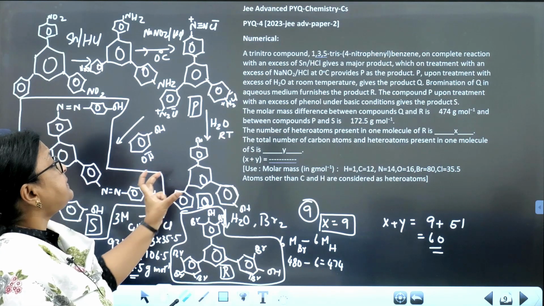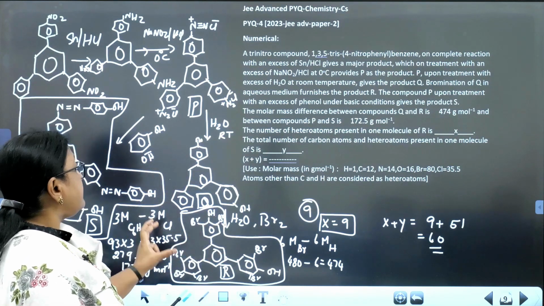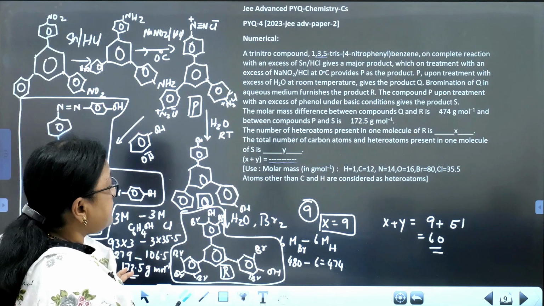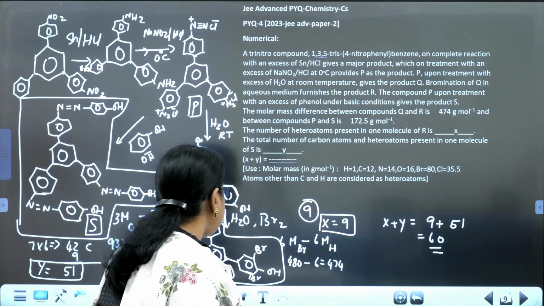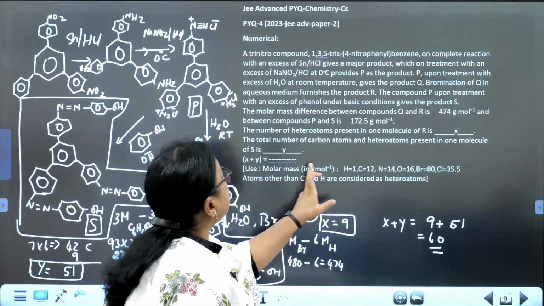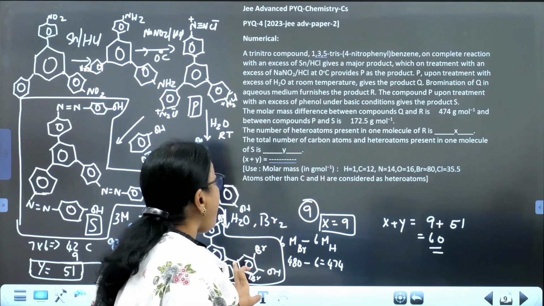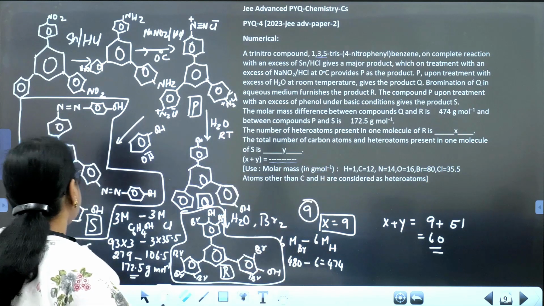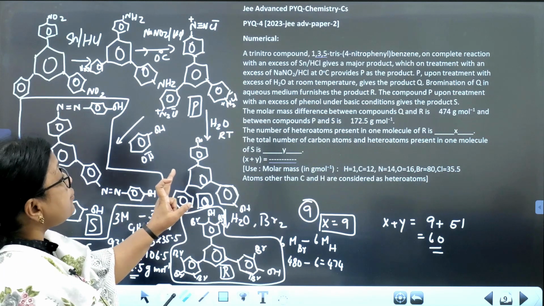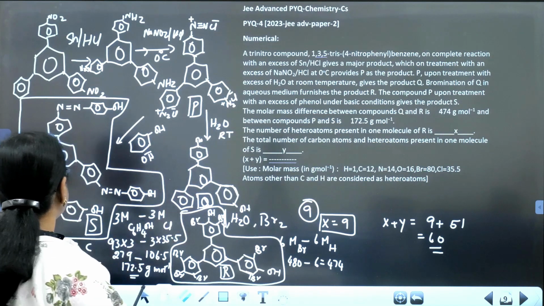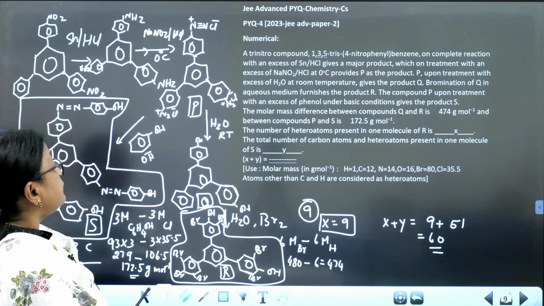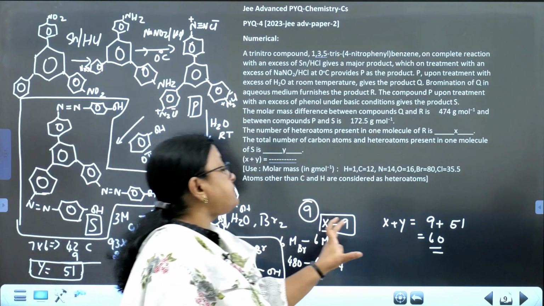Now, as per the difference in molar mass we have calculated, it comes out to be correct. The number of heteroatoms in R is X, which is 9, and the number of heteroatoms plus carbon atoms in S is 51. Total X plus Y is 60.